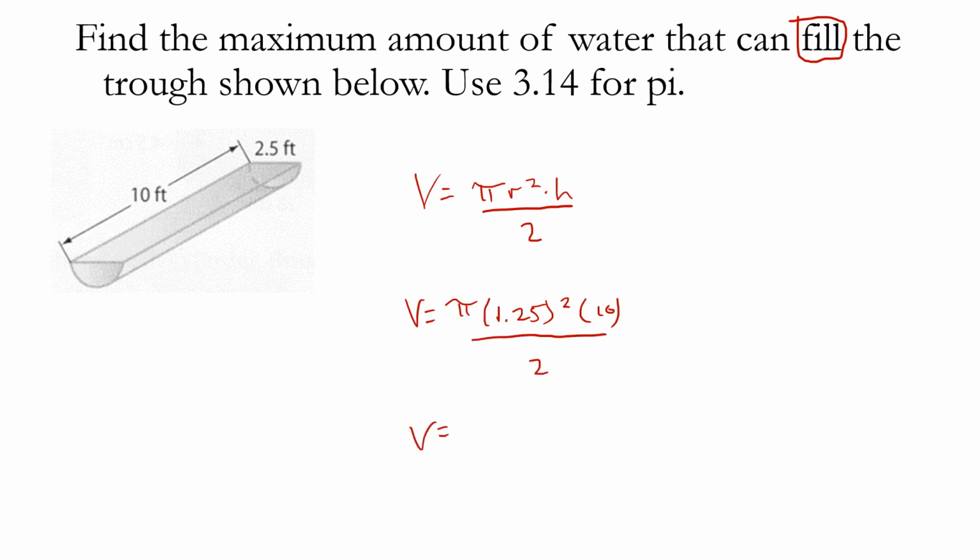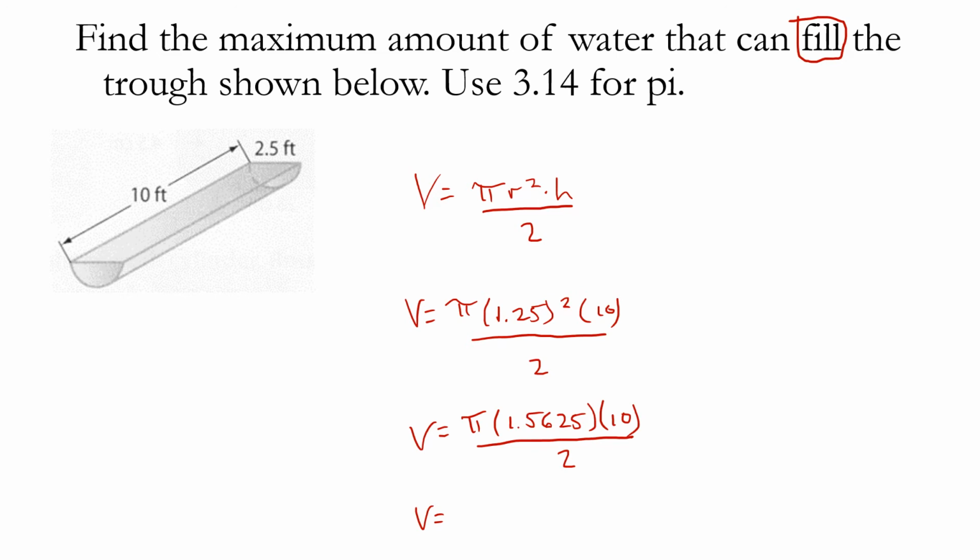Now I'm going to square the 1.25 to get pi times 1.5625 times 10 all over 2. Now I'm going to plug in 3.14 for pi. And I'm just going to do 3.14 times 1.5625 times 10.